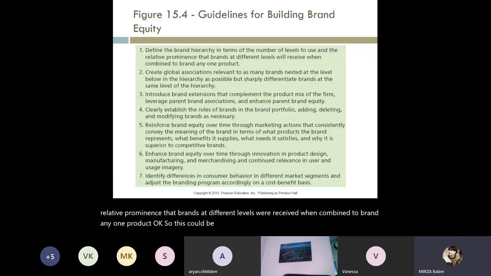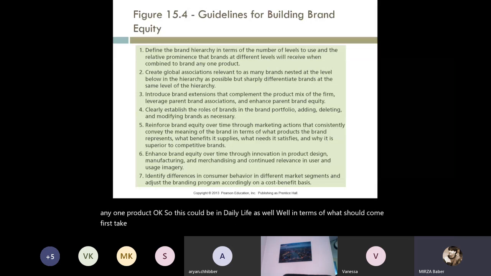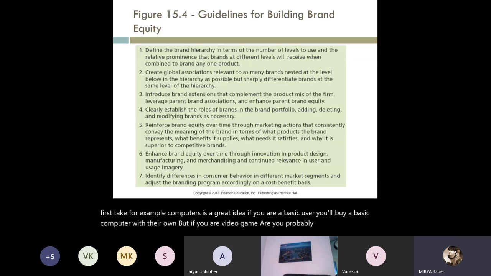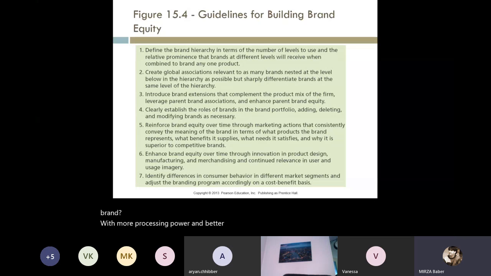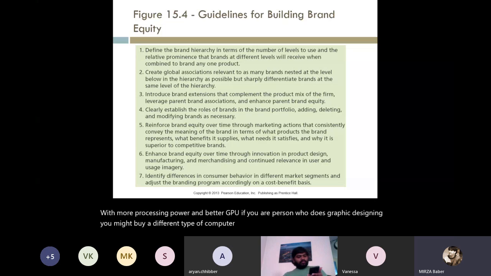In terms of what should come first, take for example, computers is a great idea. If you are a basic user, you'll buy a basic computer, but if you are a video gamer, you probably buy the same type of brand with more processing power, a better GPU. If you are a person who does graphic designing, you might buy a different type of computer with more hard drive space because you would like to keep your videos there.